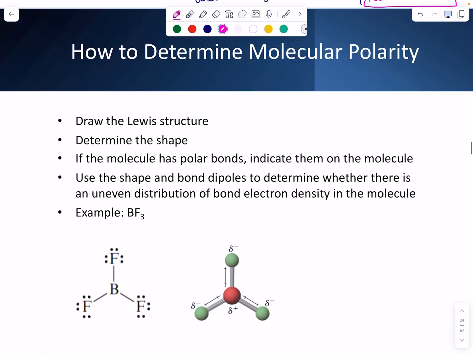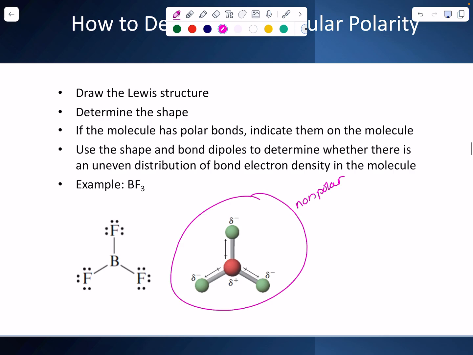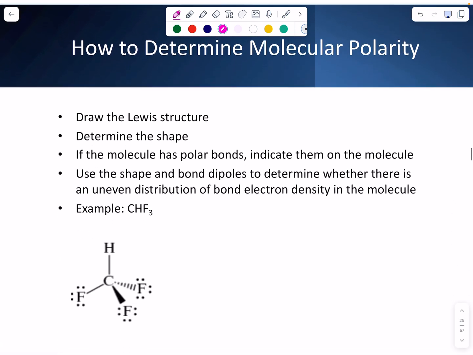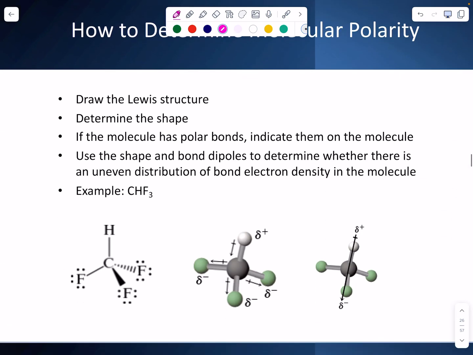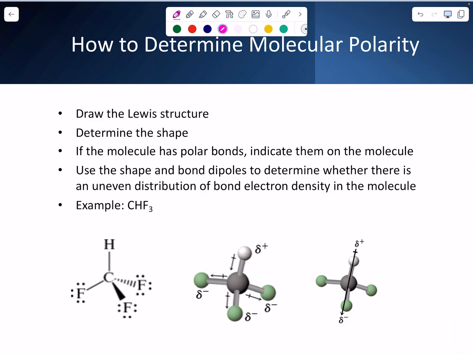All right, so this is just a fancy picture of what I drew by hand. So this is, again, nonpolar because all the forces, the dipoles, offset. And then the other example that we just looked at is where we've got our 3 fluorines.